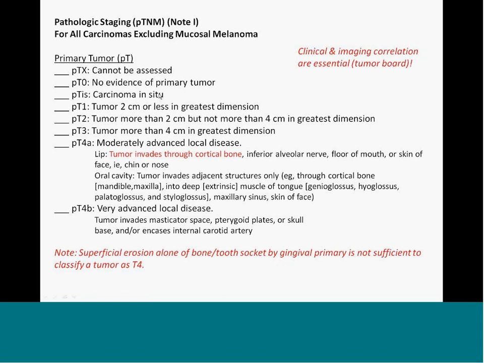With respect to oral cancer, pT1 is a tumor that's 2 centimeters or less, pT2 between 2 and 4 centimeters, pT3 more than 4 centimeters, and then 2 categories of pT4: T4a, which is moderately advanced, and T4b, which is very advanced local disease.